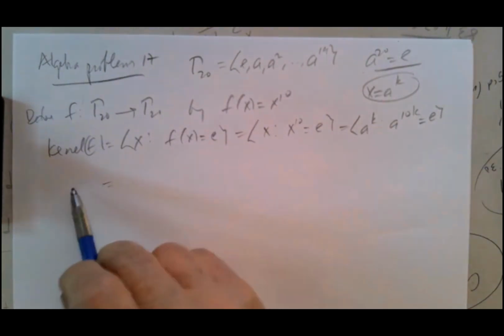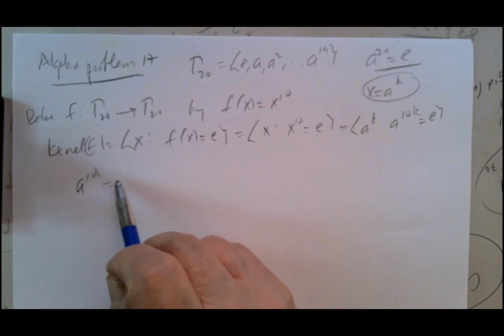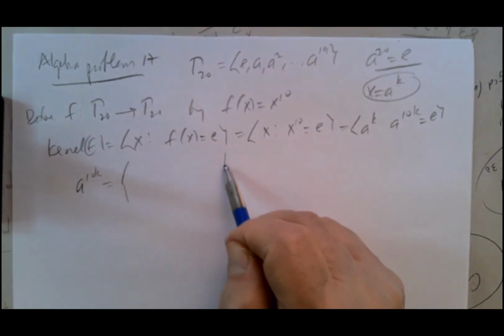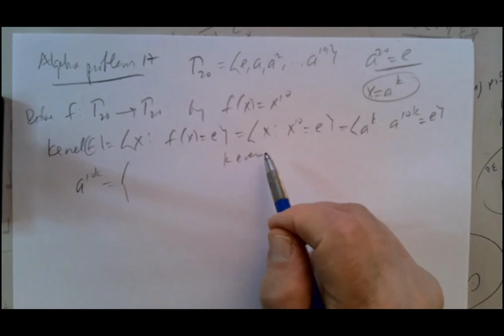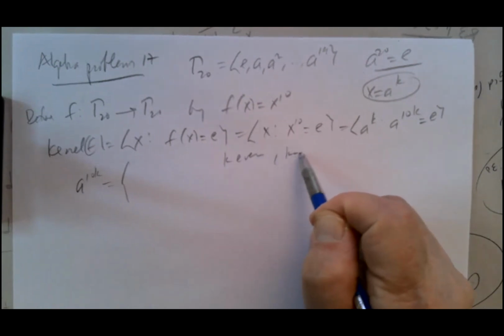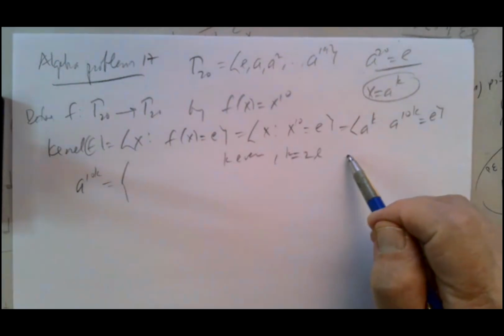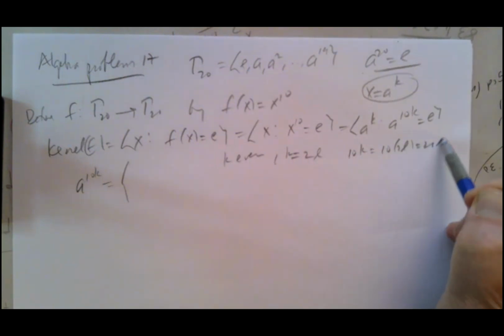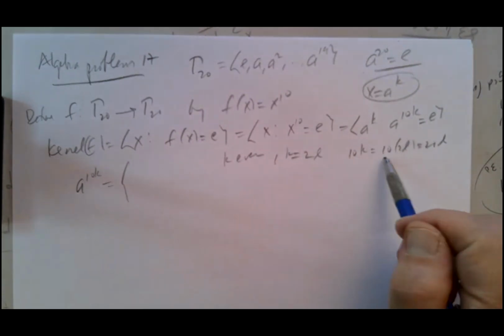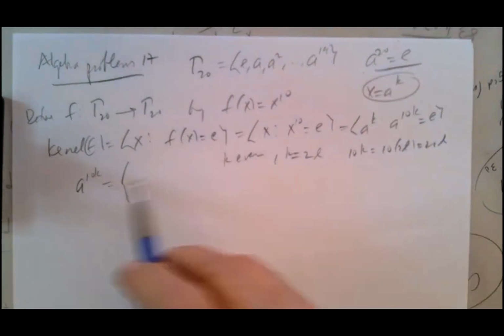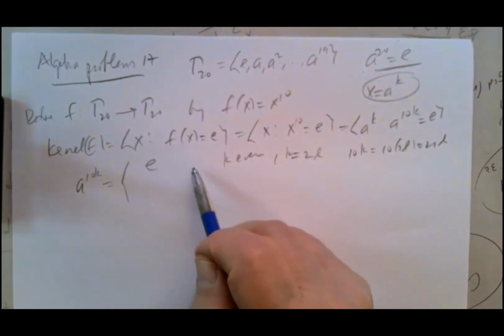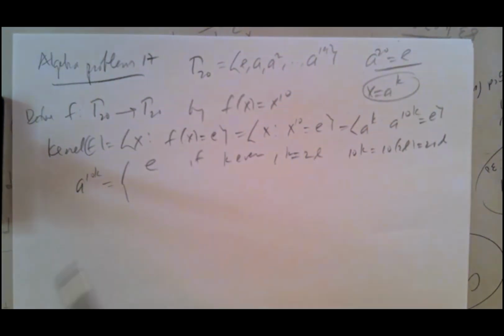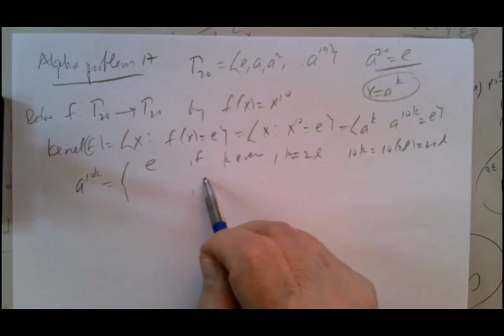And what is a to the 10k? Well, there are two possibilities. If k is even, like k is equal to 2L, then 10k is 10 times 2L, or 20 times L, and a to the 20th is the identity. So this will be the identity if k is even.